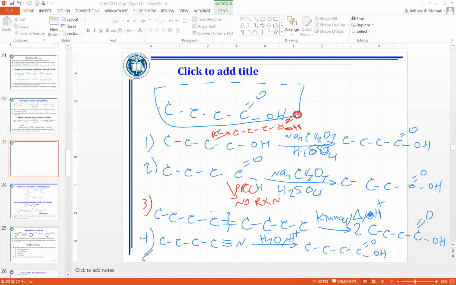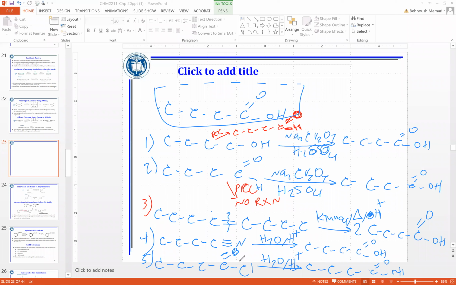If you have other carboxylic acid derivatives, let's say an acid chloride, that's a COCl. If you hydrolyze it, in general, any acid derivative like ester, acid chloride, or acid anhydride would give you carboxylic acid.